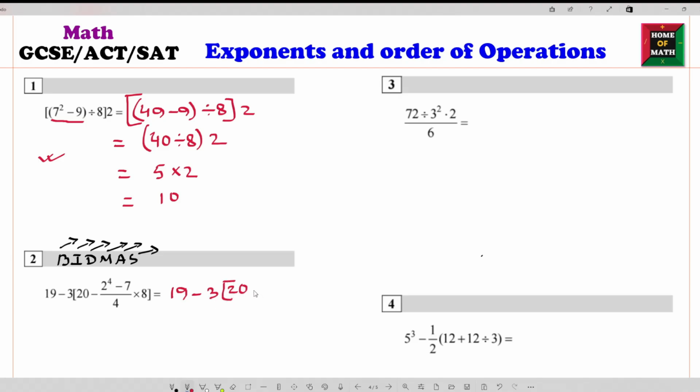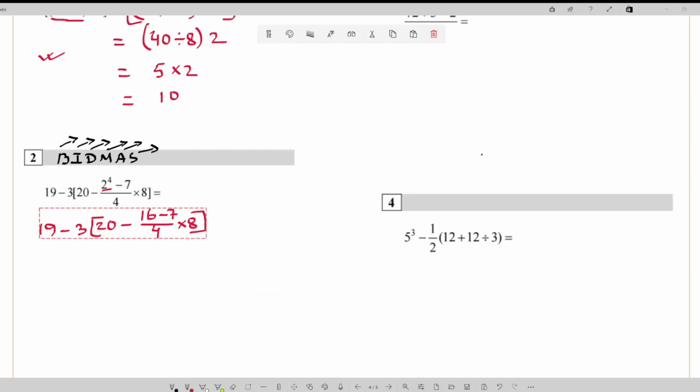20 minus, so first we have to work inside the bracket. Inside the bracket, first there is an indice, 2 to the power 4. 2 to the power 4 we can write 16, and here is minus 7 divide 4 times 8, then close bracket, right?